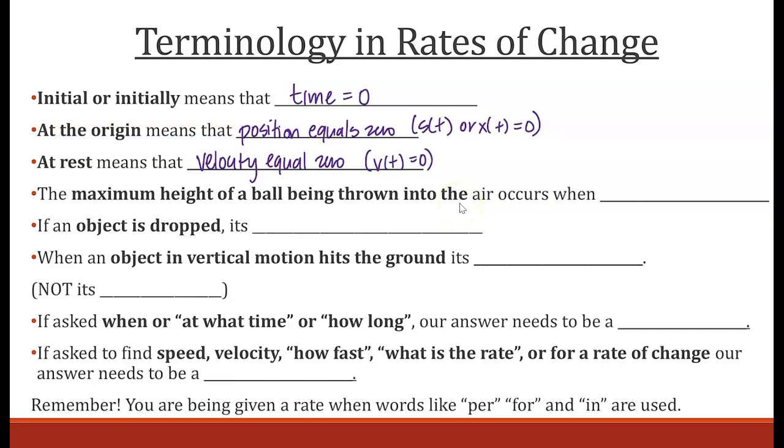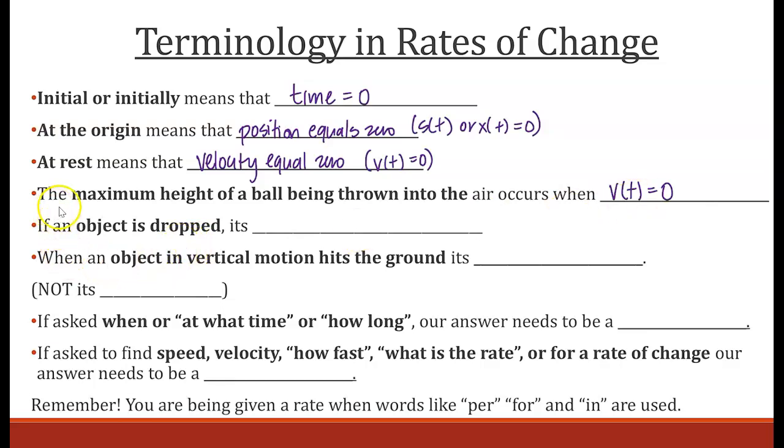So if we're thinking about throwing a ball up into the air, that's going to occur when the velocity is equal to 0. So if you think about throwing a ball into the air, right when it reaches its very, very top height, it stops for a second. So v of t equal to 0 means velocity stops. It's at rest just for that second before it starts traveling back down again.